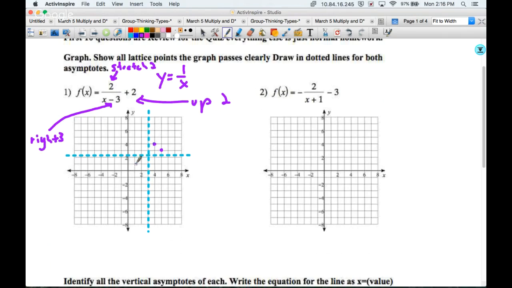And let's get our other two lattice points. Backwards 2, down 1, down 2, backwards 1. And those are the only lattice points we're going to hit. We'll connect them with a line that flattens out to these asymptotes as it extends off of the graph. So it's going to look a little bit like that.